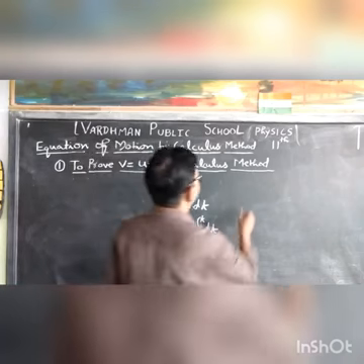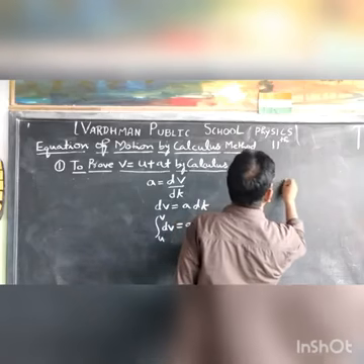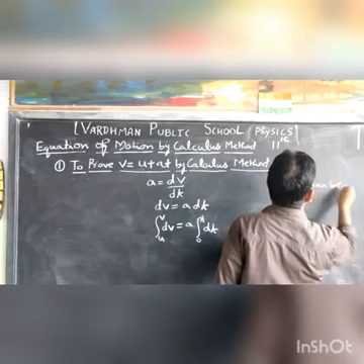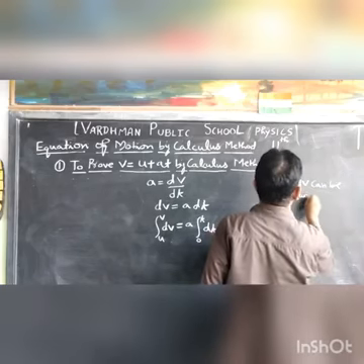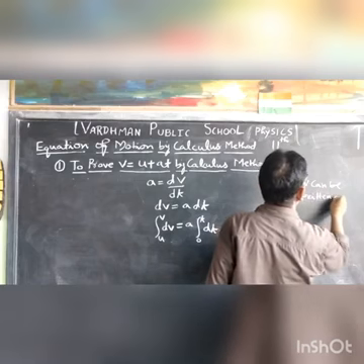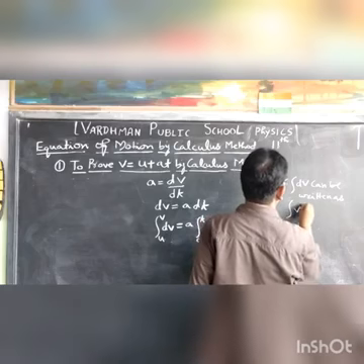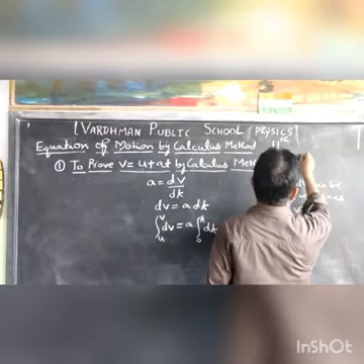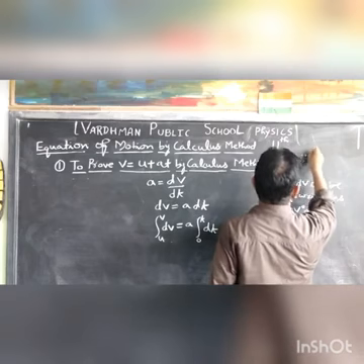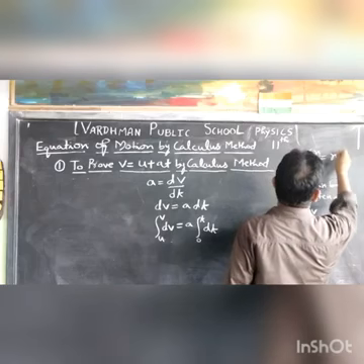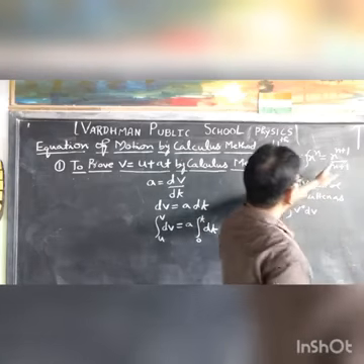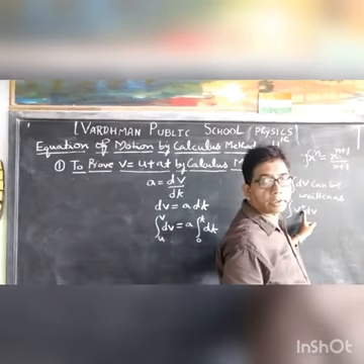Now dv can be written as v^0 dv, because v^0 is equal to 1, and we know the integration of x^n is x^(n+1)/(n+1). Here n is equal to 0.